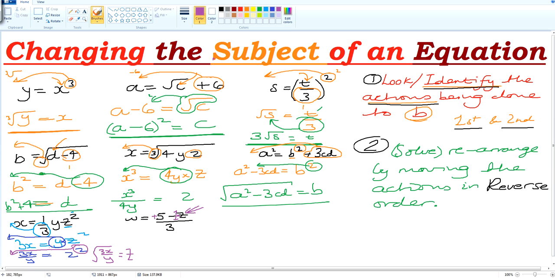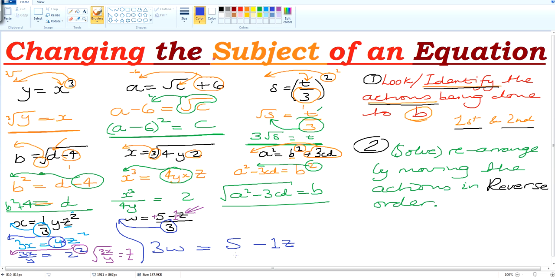What's the last action? Divide by 3. So what do we move first? The divide by 3. That's how we reason with it. I'm going to move the question to the right hand side so we don't crash into that. Sorry about that, folks. So 3w is equal to 5 minus 1z.